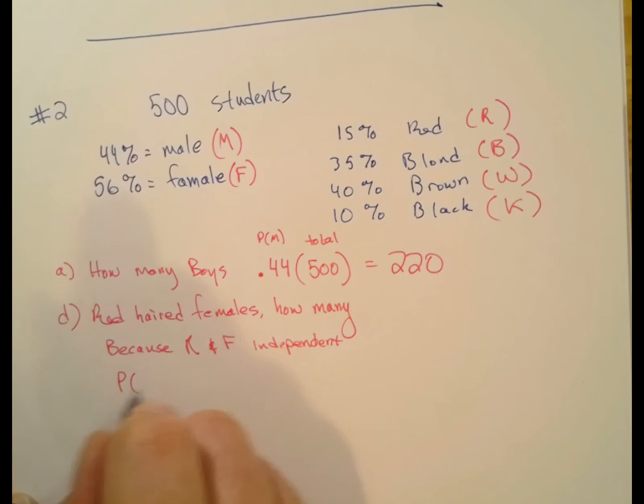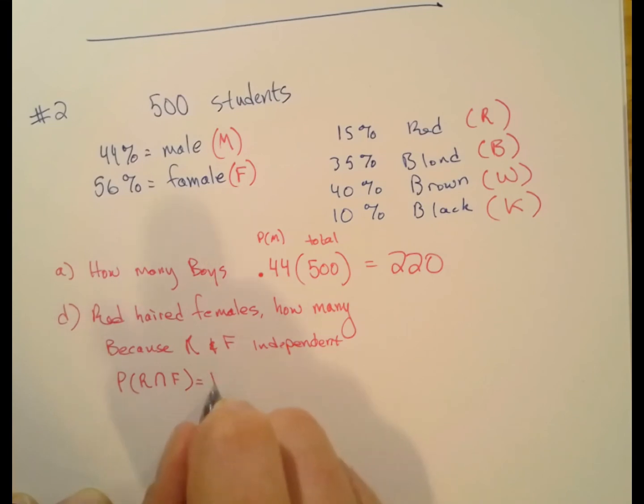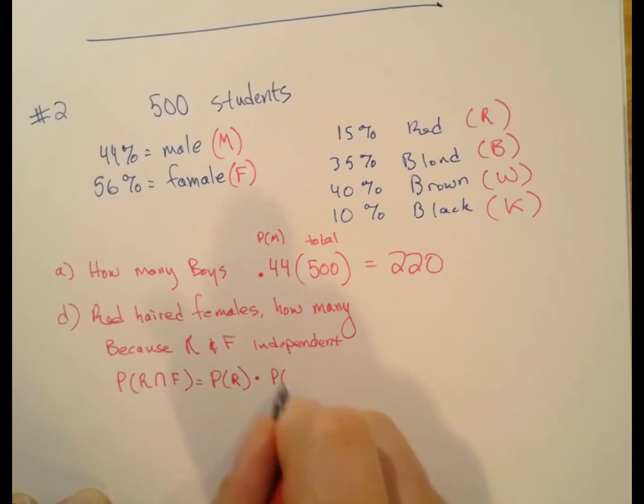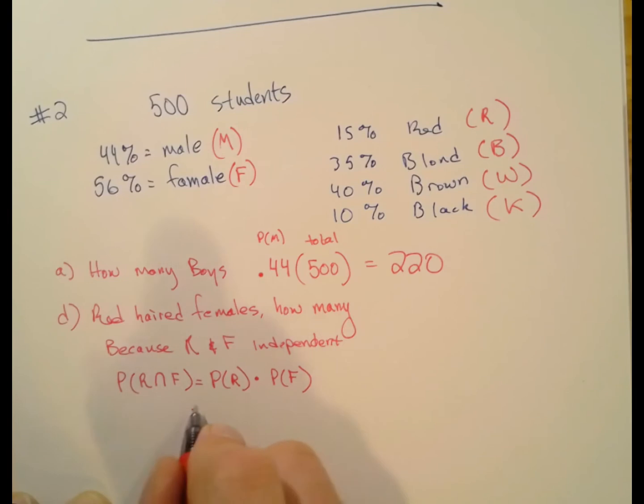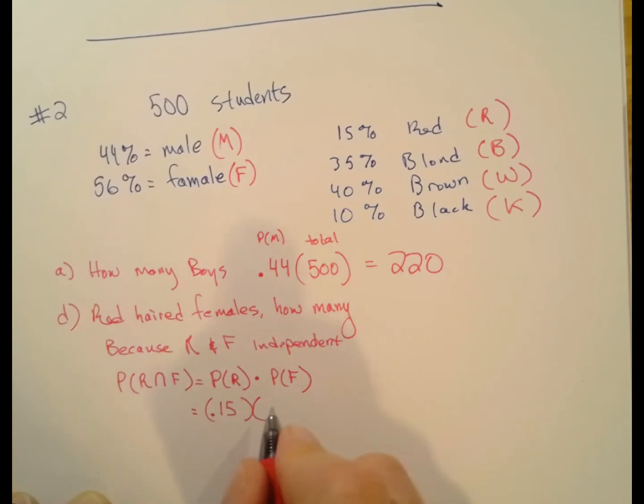That means the probability of red and female is equal to the probability of red times the probability of female. So that is going to be the probability of red. That was 0.15, 15%. And the probability of being female is 0.56 or 56%.